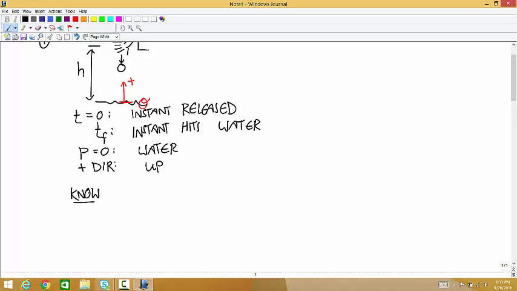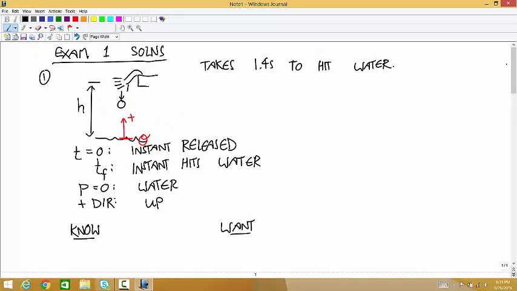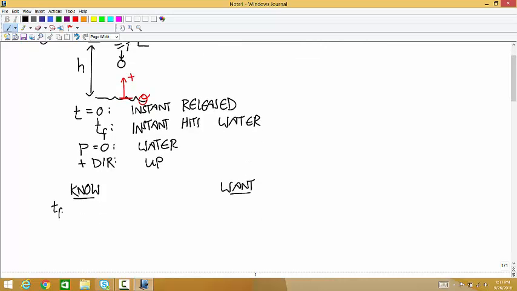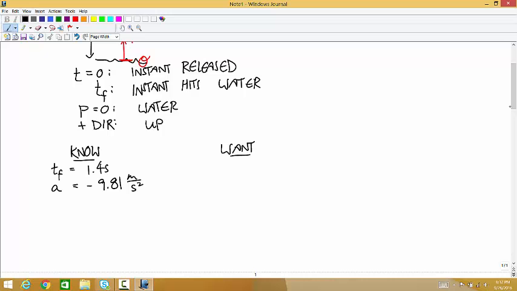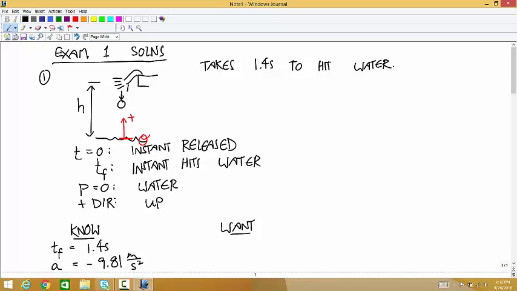And then we can list out the variables we know and want. It takes 1.4 seconds to hit the water, so we know TF is 1.4 seconds. The acceleration is negative 9.81 meters per second squared. The initial position, that's what we're trying to figure out.